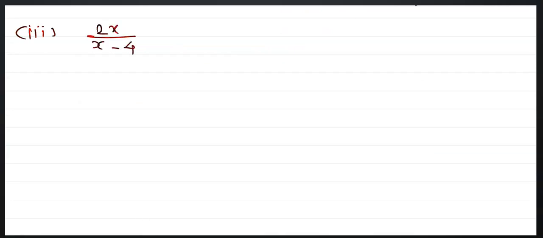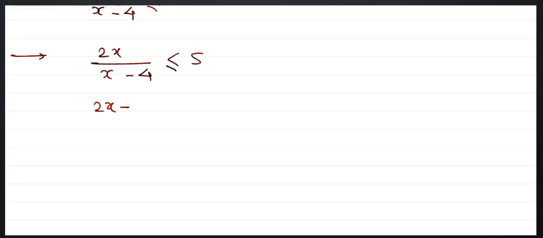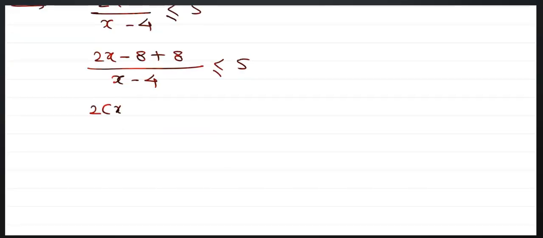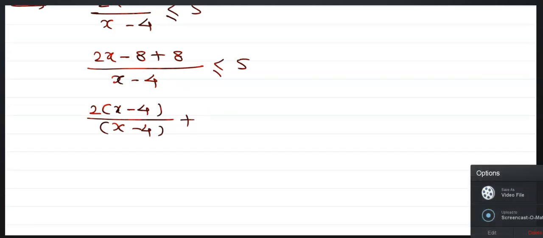number 3. That is 2x upon x minus 4. This can be again written in simplified form as 2x minus 8 plus 8 upon x minus 4 less than or equal to 5.